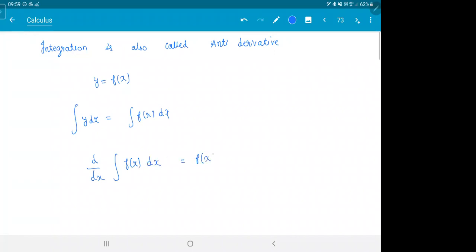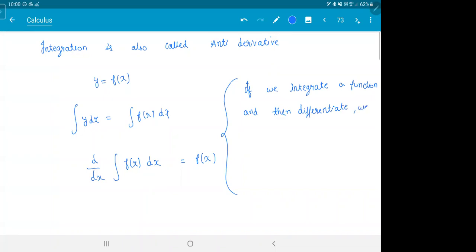You would get back the function. If you think about it, it makes sense because when you integrate, you're adding small things. When you differentiate, you're breaking things. So you'll get back the same function again. So if we integrate a function and then differentiate, we get back the function.